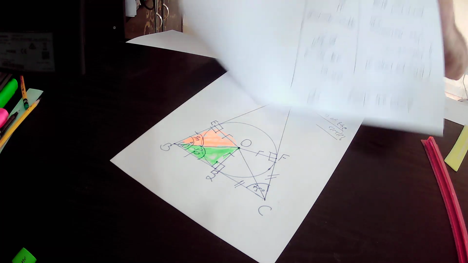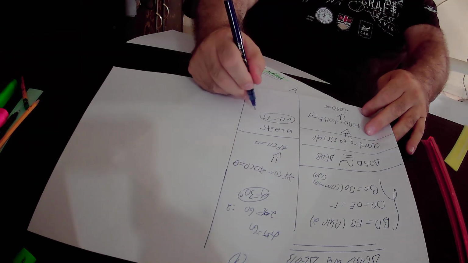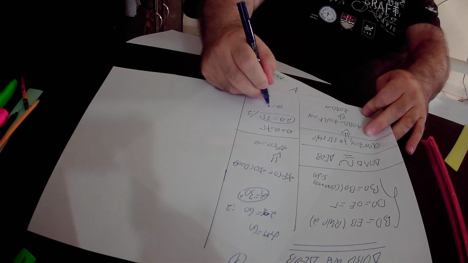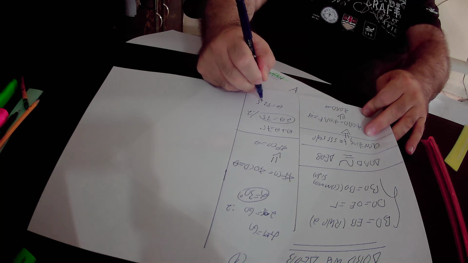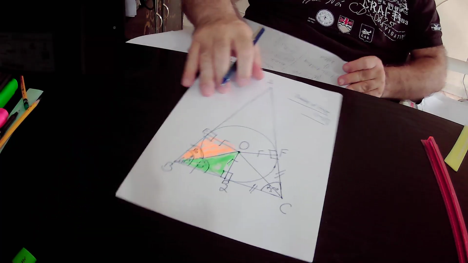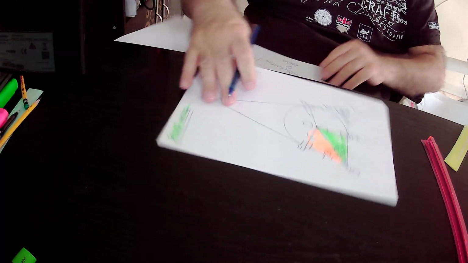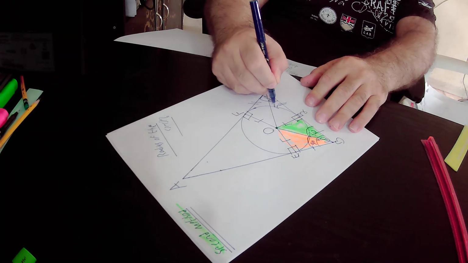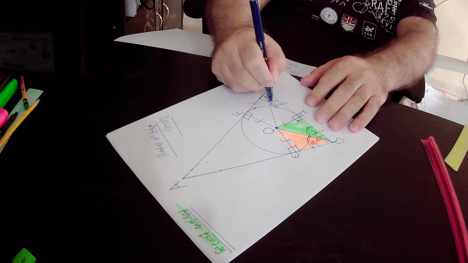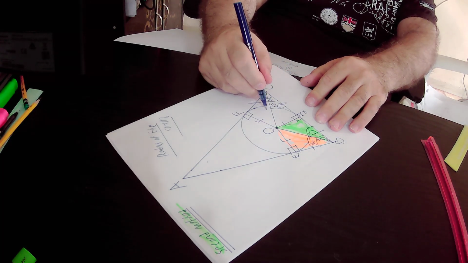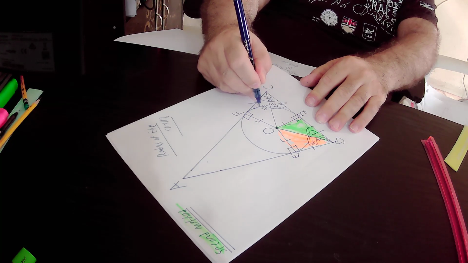We divide this equation by 2, and we get that angle theta equals 37.5 degrees. So we actually found out that this angle theta equals 37.5 degrees, and this angle, that is also angle theta, is also equal to 37.5 degrees.